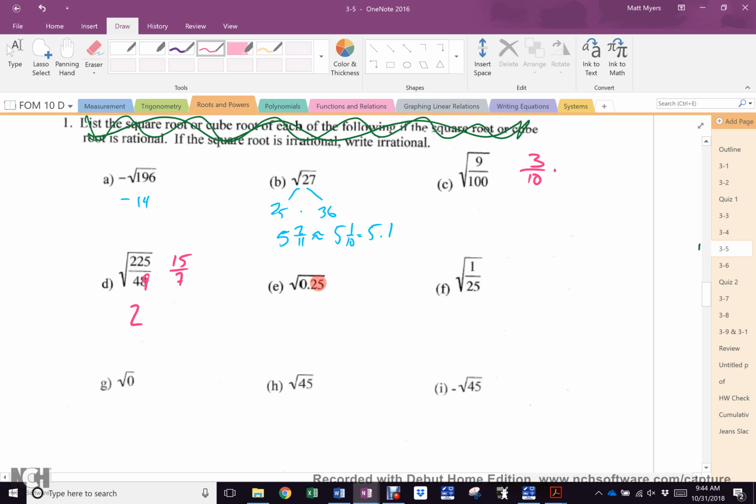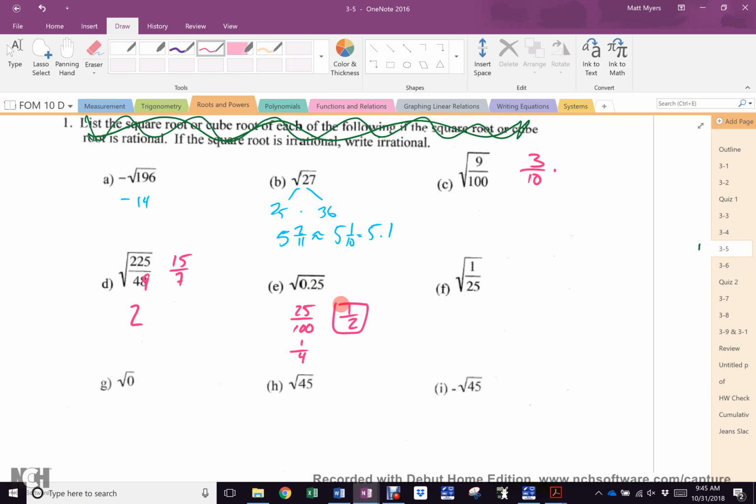This one tricked a few people. We've already talked about turning that into a fraction, yes? It's 25 over 100, right? Which is also 1 over 4, yes? Which means the square root of that is 1 over 2, or 0.5.